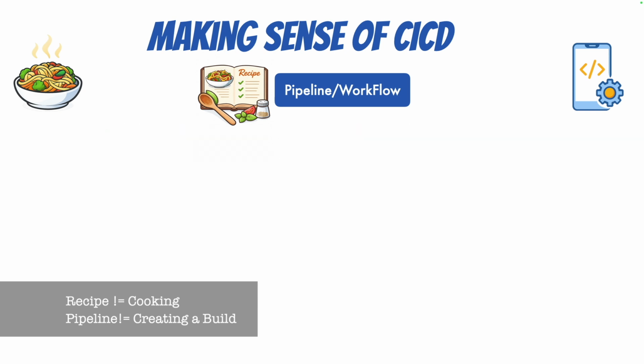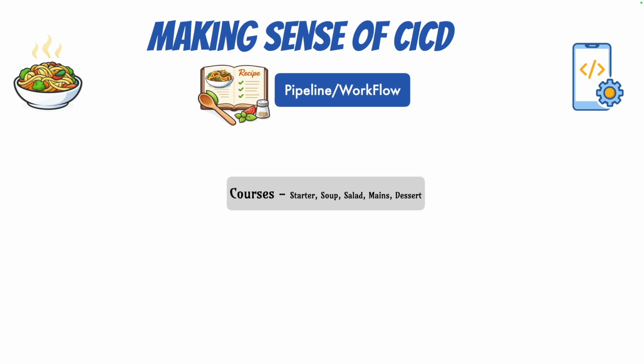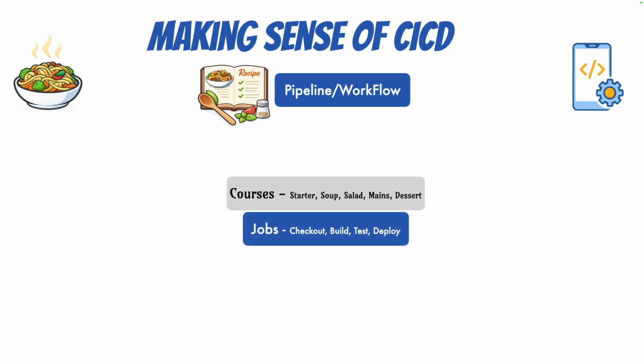Now, inside each recipe, you have multiple courses like starter, soup, main course, and dessert. In the same way, in CI/CD, these are called jobs. And these jobs are like checkout, build, test, and deploy. Each job must complete successfully before moving forward.